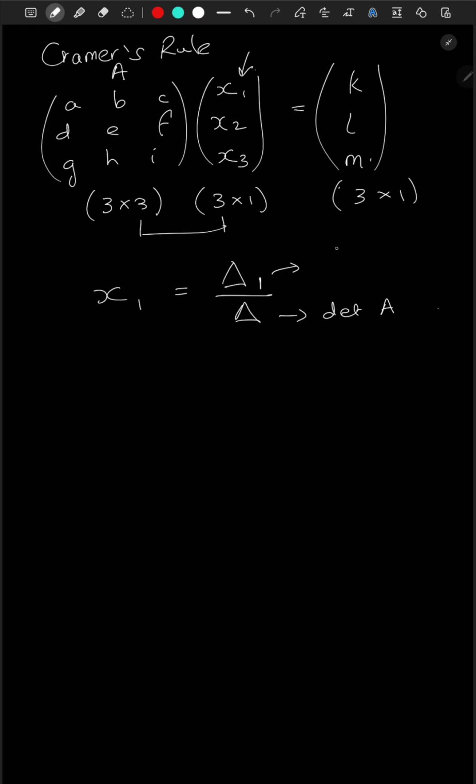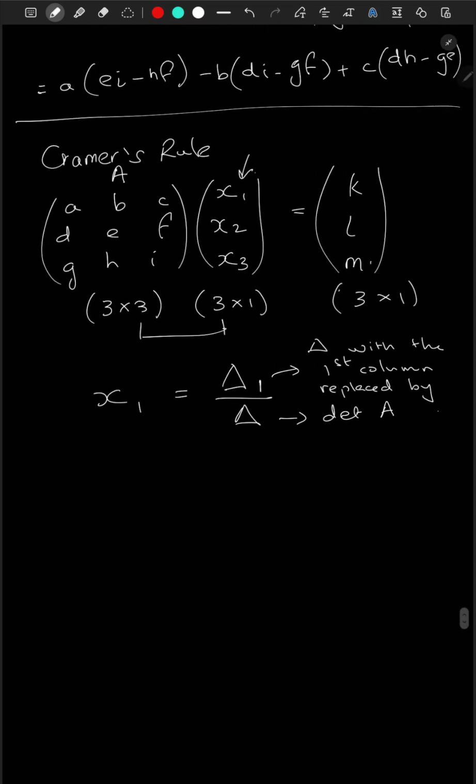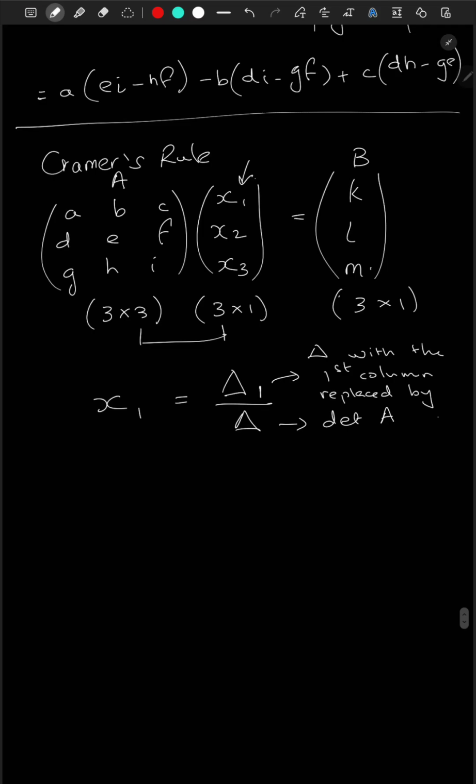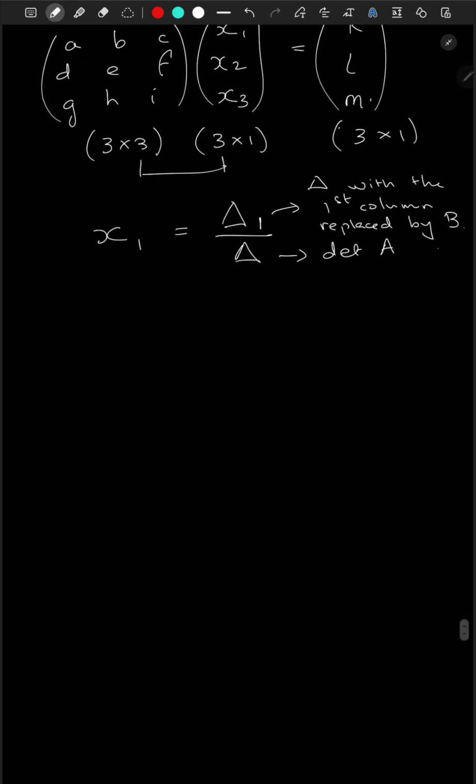This is the determinant with the first column replaced by this matrix. Let's call this one B. Okay, we'll see an example.